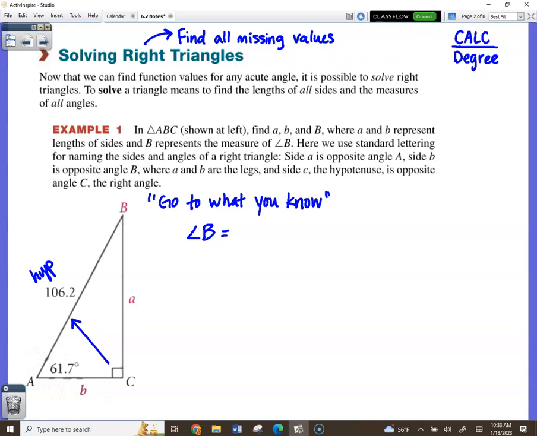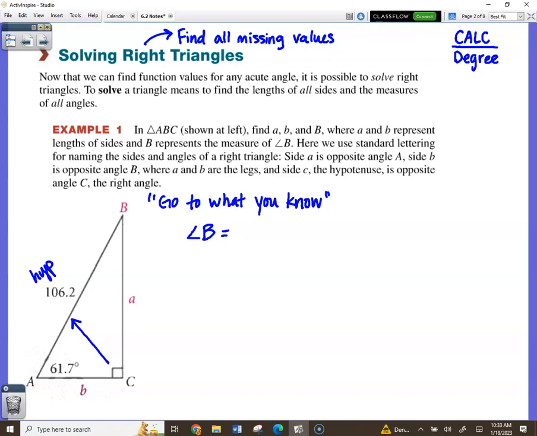There is a shortcut. I'm going to show it to you. If you don't like it, then ignore me. The shortcut is, what's one of the angles in every right triangle? 90. Which means what's left? 90. So the shortcut is that the 2 acute angles of every right triangle have to add up to 90.